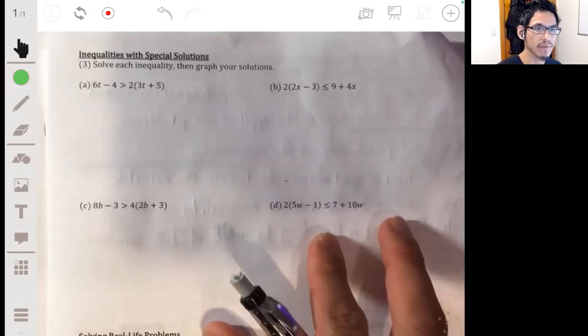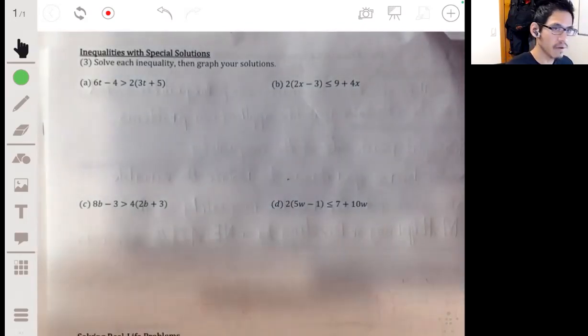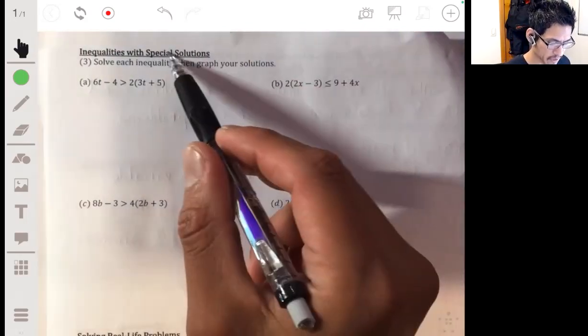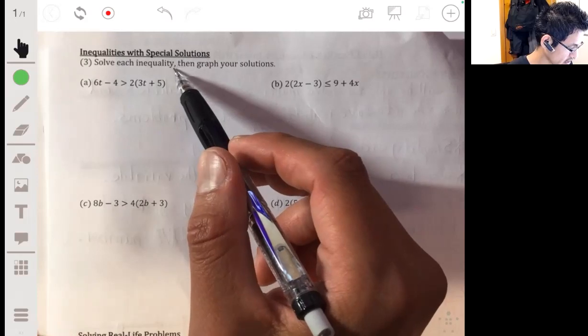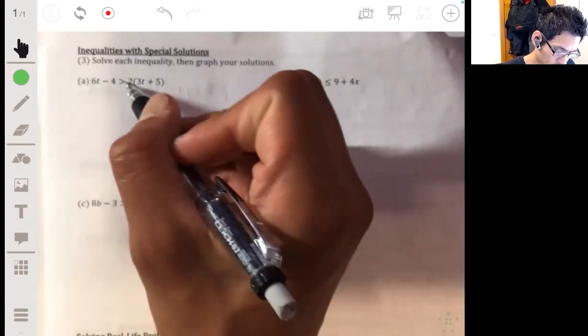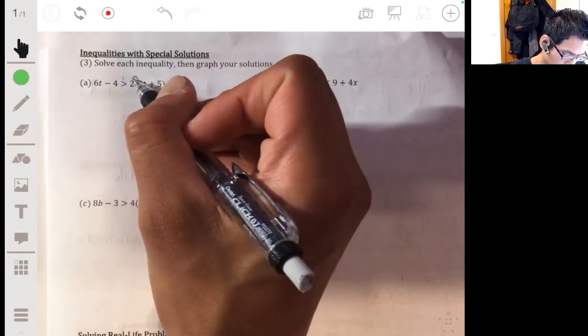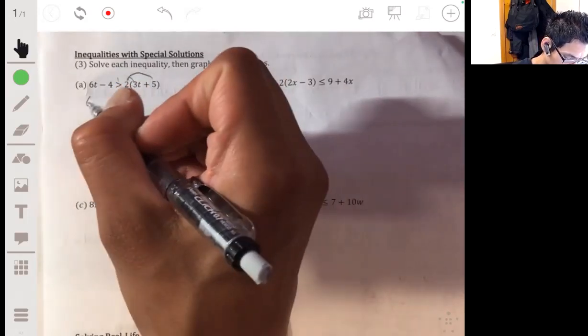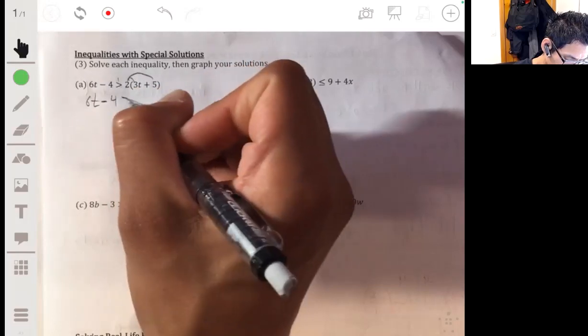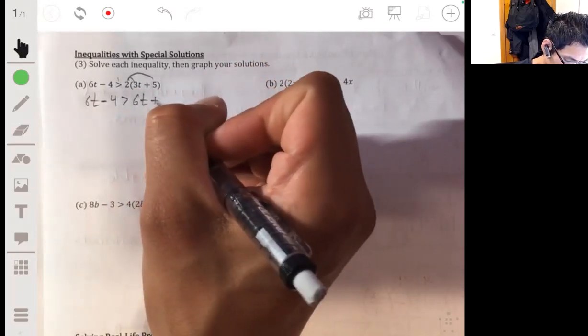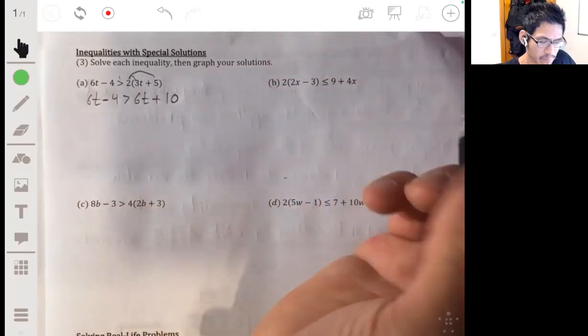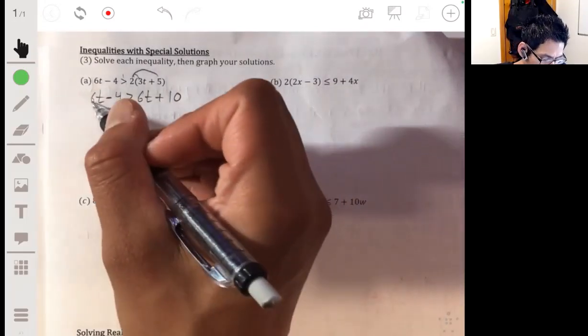Okay, moving on. Wow, so we got some inequalities with special solutions. So let's see what's going on here. Let's begin by using our distributive property. 6t minus 4 is greater than 6t plus 10. And look, you have a 6t on both sides.